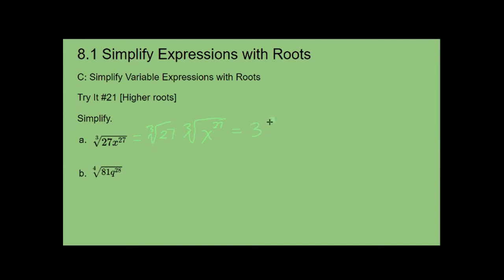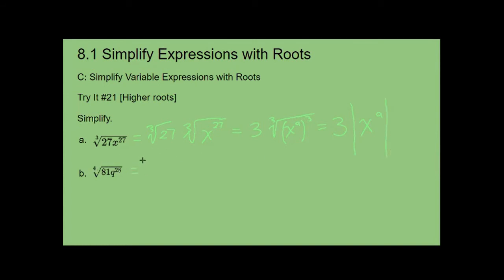And then we're going to multiply that times the cube root of x, and I want to get a power of 3 here, so I need to divide out a 3. So I'm going to do x to the 9th to the 3rd power. So now I'm taking the cube root of something cubed, and that's 3. Now we're dealing with odd, so absolute value of x to the 9th and absolute value, and that's my answer.